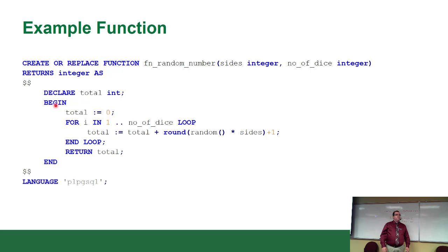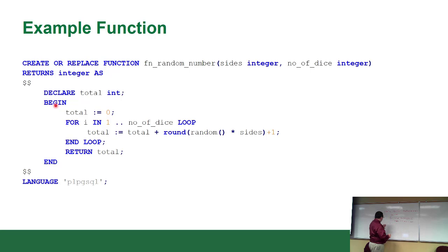Why? Because it's always a number between 0 and 1, so you've got to bring it up by 1, and then you round it. Notice I'm not giving any arguments, so it'll always round up or down, and you'll always end up between 1 and 6. This is just like in Java. The syntax is slightly different. And then I end my loop.